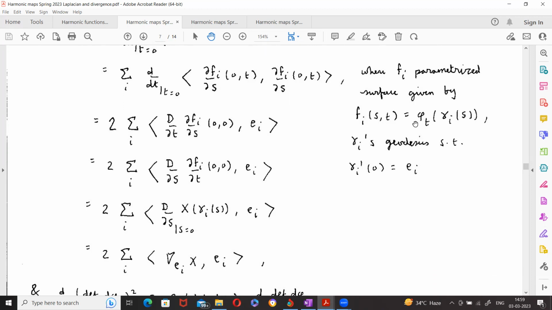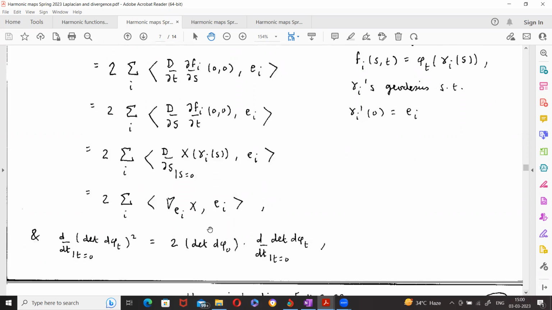Because φ_t is the flow of the vector field X, this is going to give me the vector field X at the point γ_i(s), right? So ∂φ/∂t will be X of γ_i(s), right? And then I have to take d/ds at s equal to 0 of this. But now γ_i is a curve whose tangent vector at time 0 is e_i. So d/ds of X of γ_i(s), this will be nothing but nabla sub e_i of X, right?